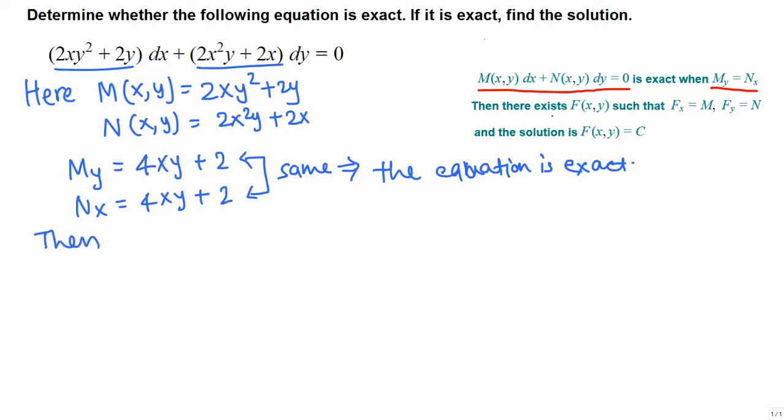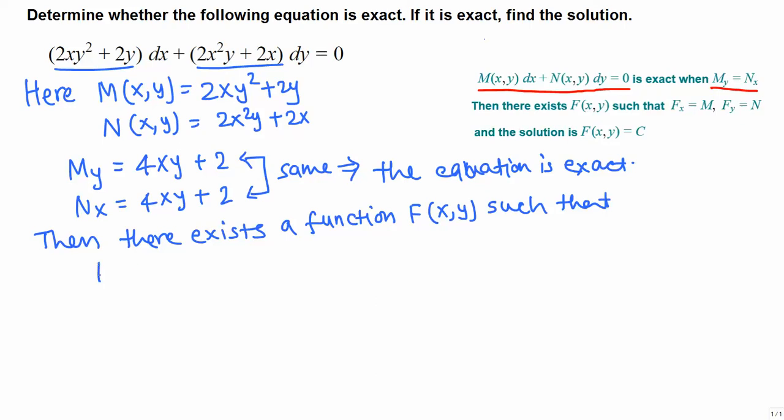Then by definition, there exists a function f such that f_x equals M and f_y equals N. There exists a function f, to be determined, where f is a function of x and y such that the partial derivative of f with respect to x is M, that's 2xy squared plus 2y, and the partial derivative of f with respect to y is 2x squared y plus 2x.